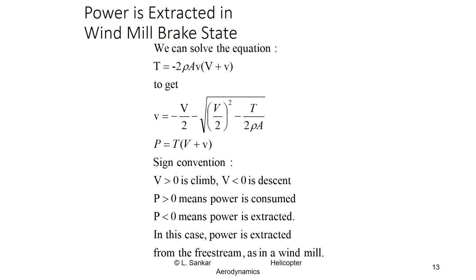So power is negative means we are extracting the power from the air stream as though it is a windmill. So this is what we get from our actuator disk model.